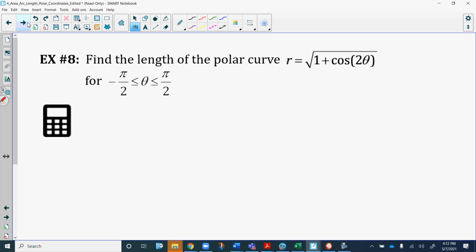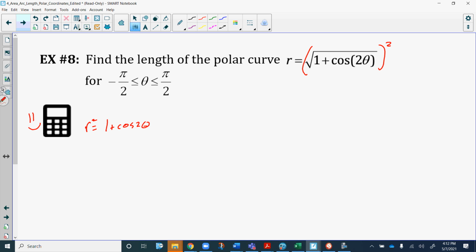I'm going to basically do the same thing that we did on the last one. I want to know what r squared is going to be. If I take this whole thing and square it, I'm just going to wind up with the radicand. That's just going to be 1 plus cosine of 2 theta. And again, I'm definitely going to use a calculator on this one: 1 plus cosine of 2 theta.